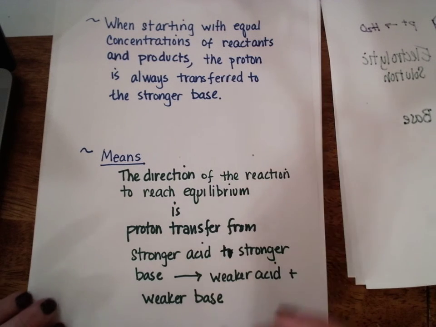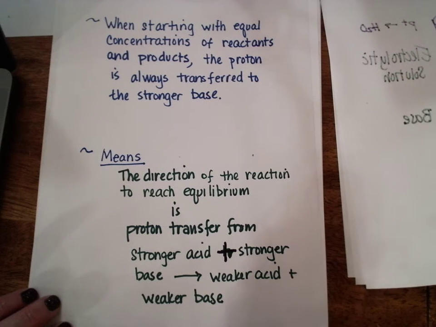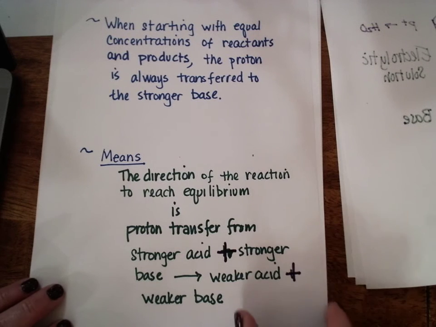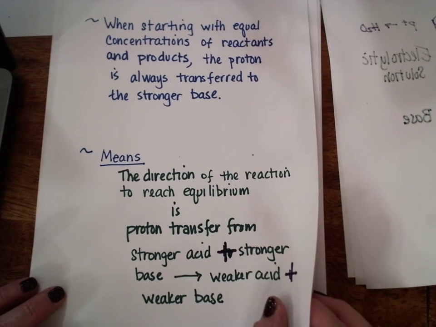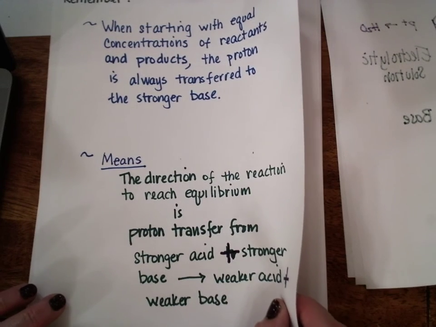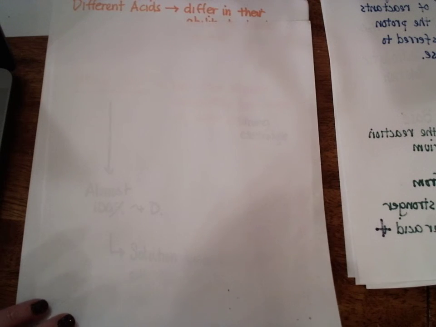Or think of this as strong acid plus strong base gives me weak acid plus a weaker base. Makes sense. I start strong. When they dissociate, they become weaker. Even though they're electrolytes, they become weaker because they're not bonded as an acid any longer.